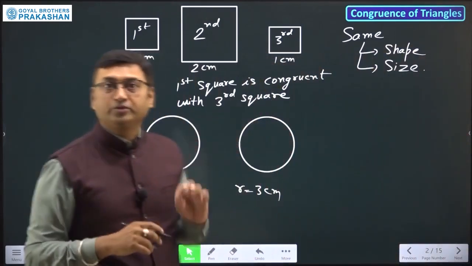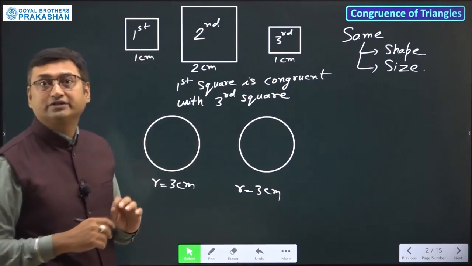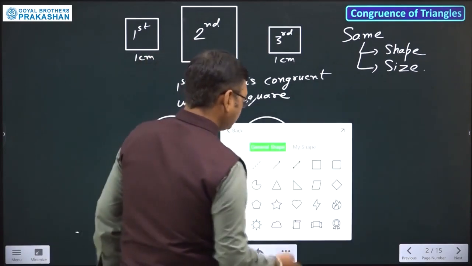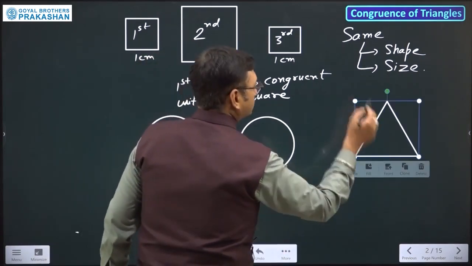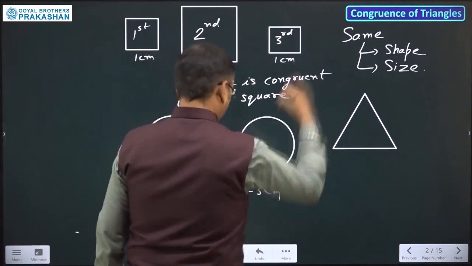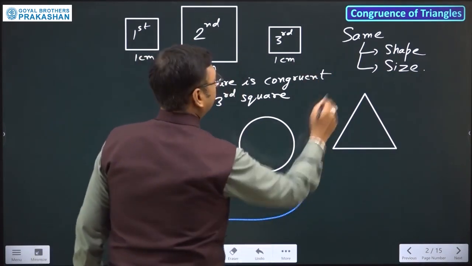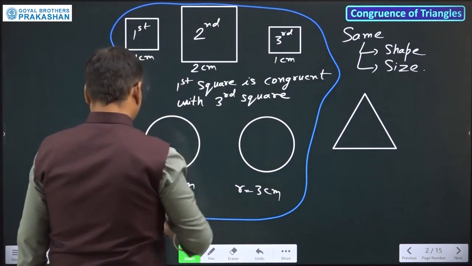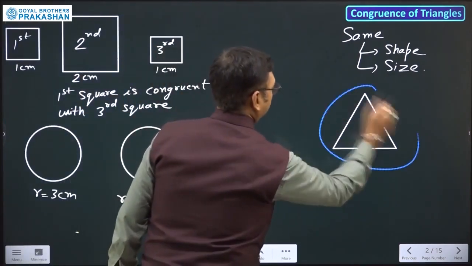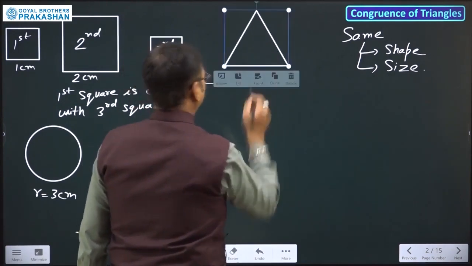Okay. Now I hope you understood what exactly congruency means. Now if we have two triangles, let's say we have one triangle, this one. Let me first of all shift this part so that we have space. Okay, this is the first triangle.